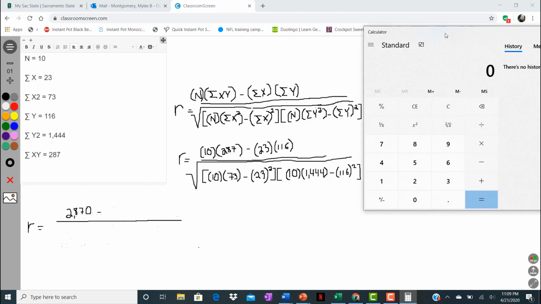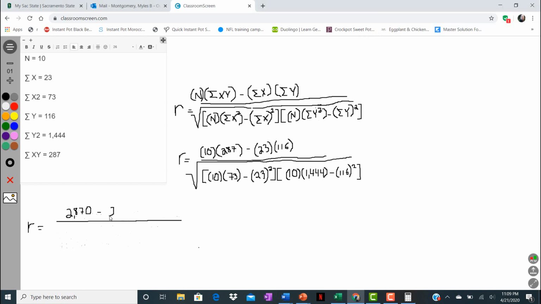You can do this with me if you want. 23 times 116. Okay, 2,668. Perfect. Okay, don't forget that square root.